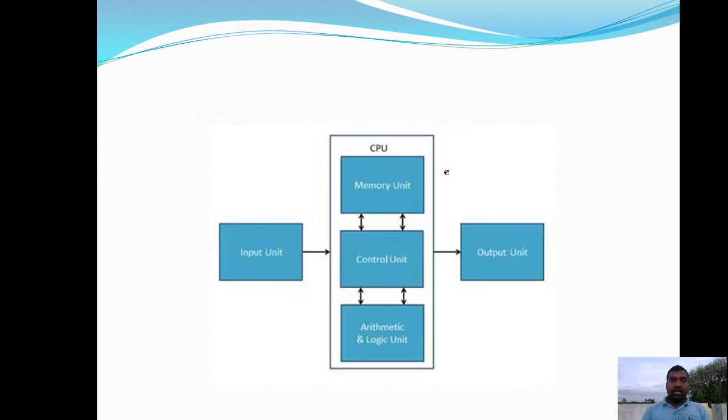Now here is a simple diagram. It represents the various components of a computer: the input unit, the CPU, central processing unit, and the output unit. The CPU is again categorized into a memory unit, control unit, and arithmetic and logical unit.